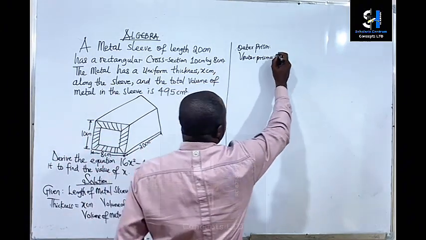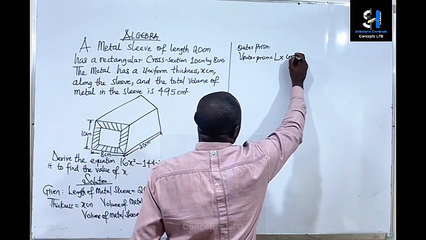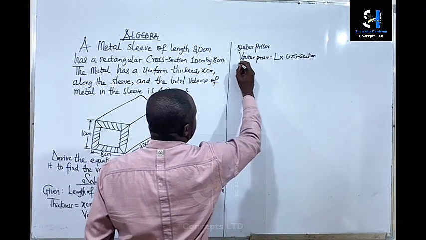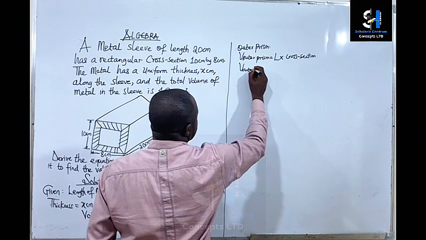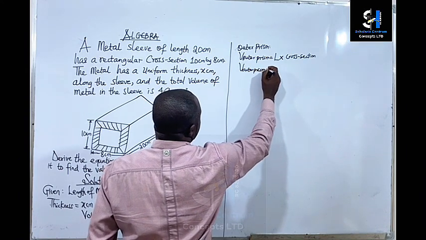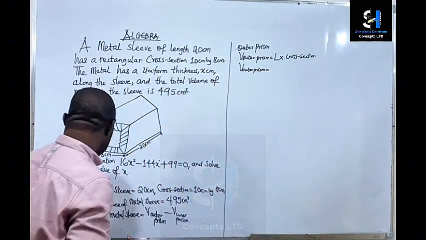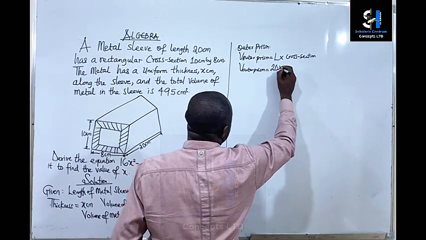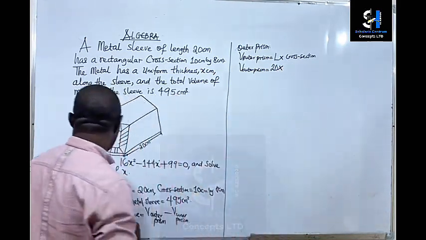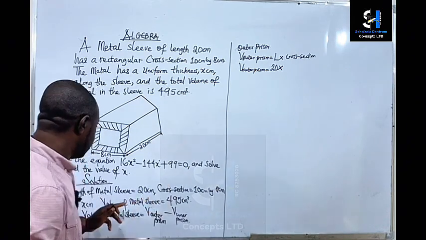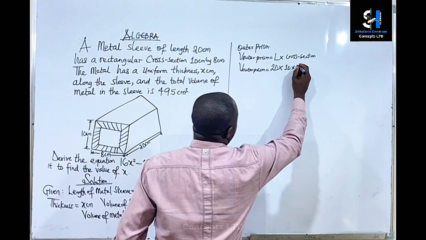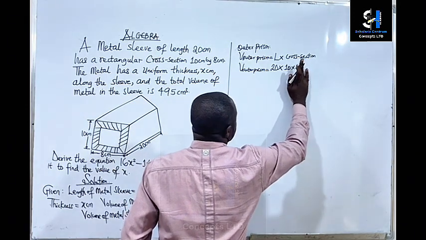The length is 20 centimeters, multiplied by the cross section, 10 multiplied by 8.